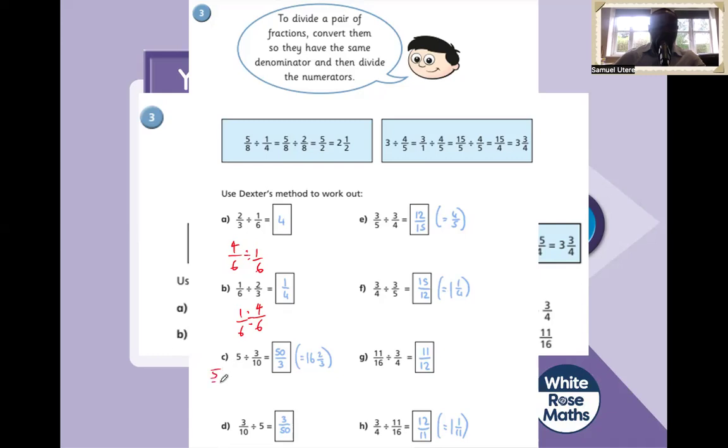So this is the same thing as 50 over 10 divided by 3 over 10. Now 50 divided by 3 is 16 times, because 3 times 16 is 48. Our remainder will be 2, so we'll write 16 2/3.